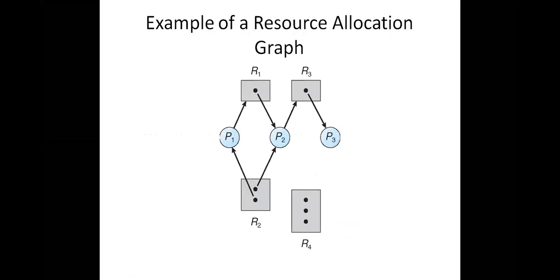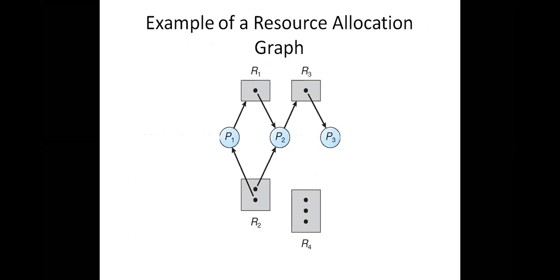Now this is the example for the resource allocation graph. Here, how many resources are available? There are four types of resources. As I told you, resource is represented with a rectangle. So R1, R2, R3, R4 are the four resources. How many instances are there? R1, only one instance. That means only one resource is available of type R1.